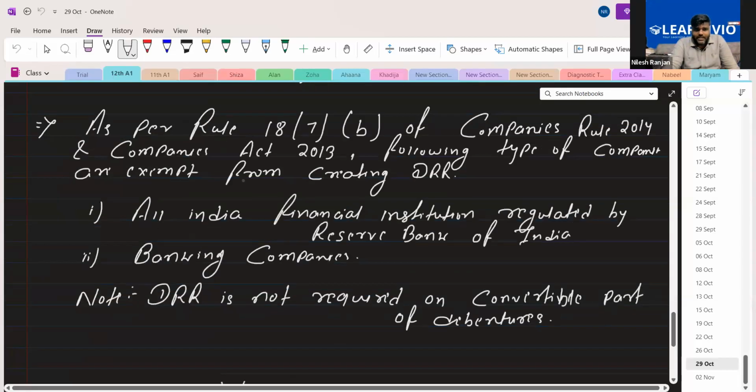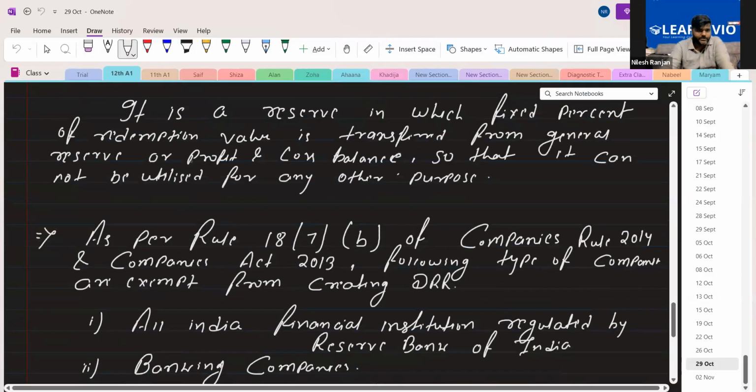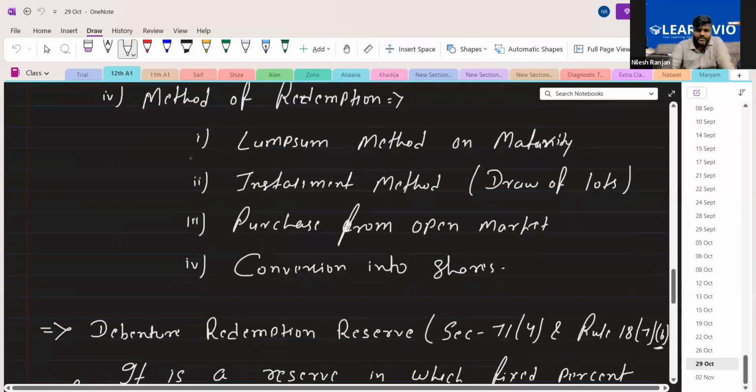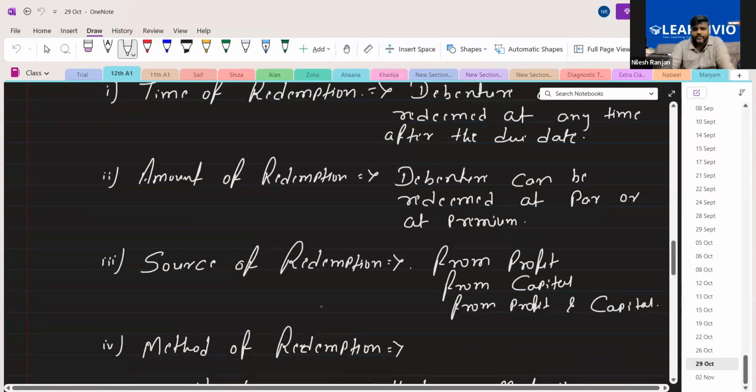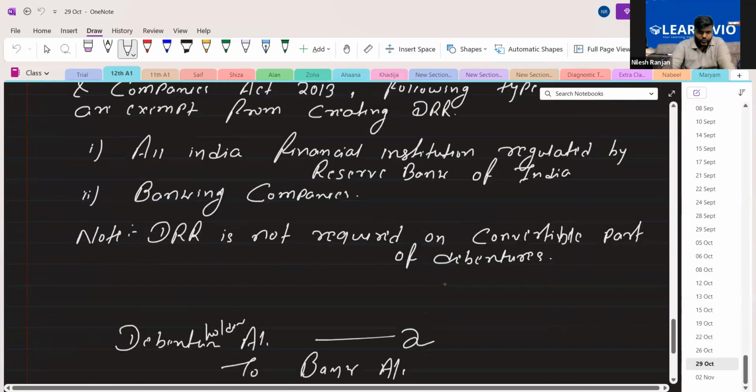Now, in the previous class, I have told you that there are three methods: out of capital, out of profit, and out of capital and profit both. Somewhere I have written this. Yes, here. Source of redemption: from profit, from capital, from profit and capital both.